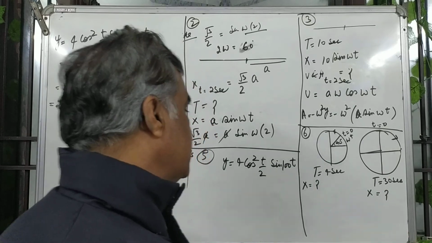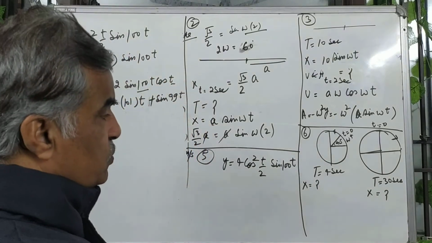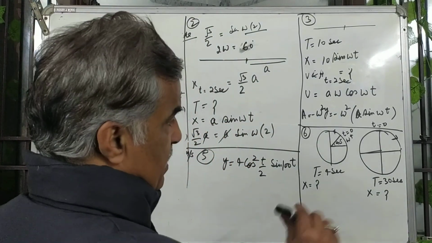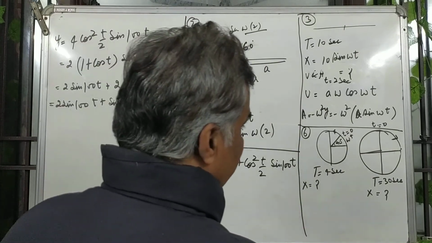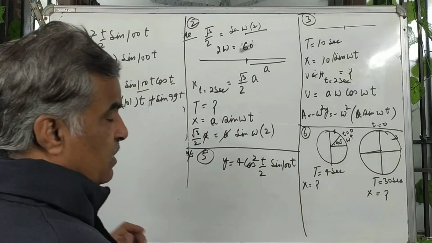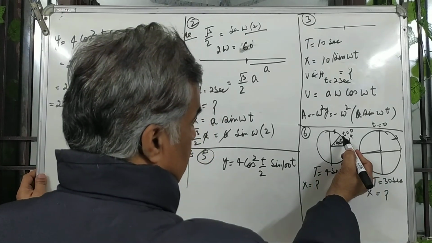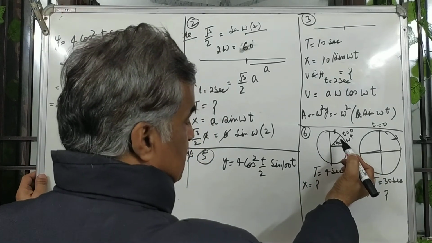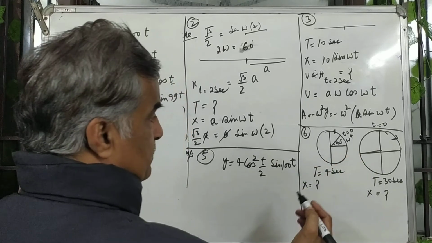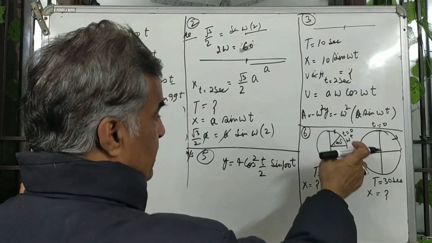And the next question is this. In this case, there is a motion at a 45-degree angle at t equal 0, and the motion is taking place along this.